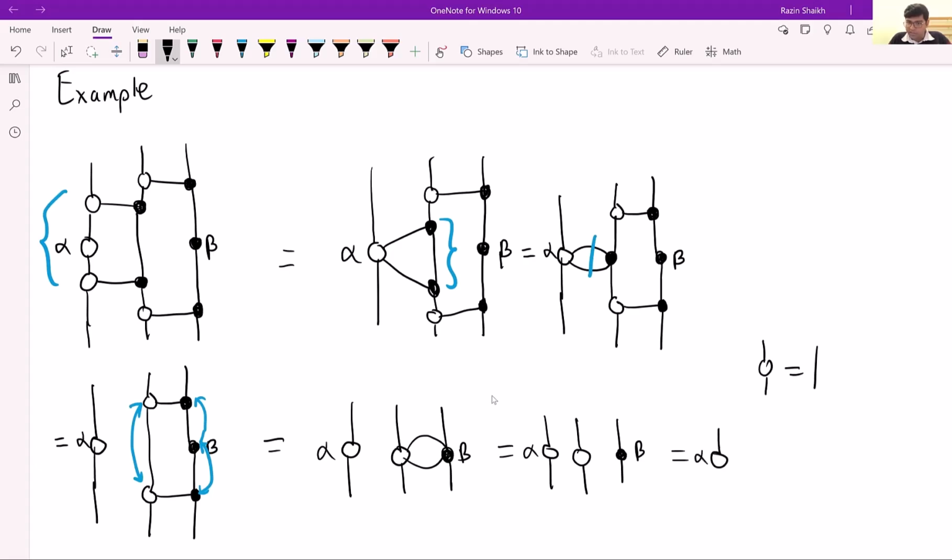So what we did was we removed that middle spider, like that. Oh, okay. So we did not remove the first one because of the alpha. Yeah, exactly. We can only remove, sorry, this is only true if the angle labeling this is 0. So if alpha, then this is not equal, unless alpha equals 0. It's only true when alpha equals 0. Okay. Yeah, thanks for pointing that out, because I think that was not very obvious.